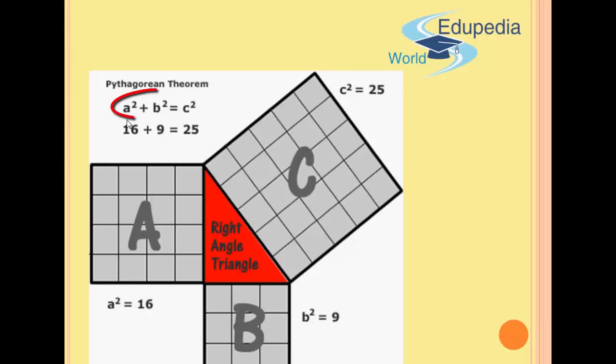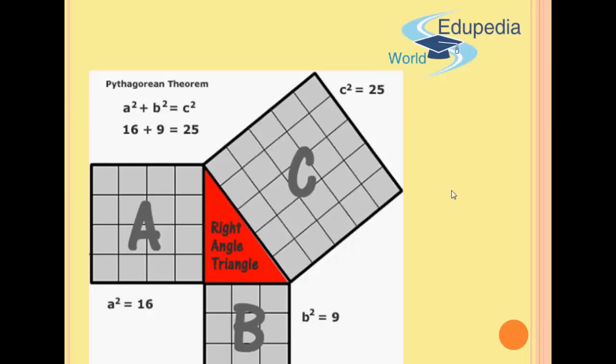So I get A squared plus B squared is equal to C squared. So in this example I get 16 plus 9 equals 25. So I know that C squared is 25. So in order to find out the value of C, I will simply take the square root and I will get 5 as the answer.